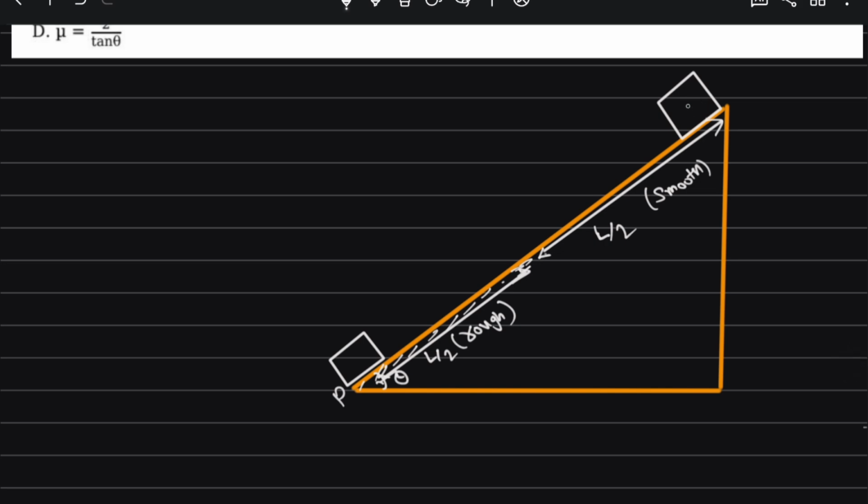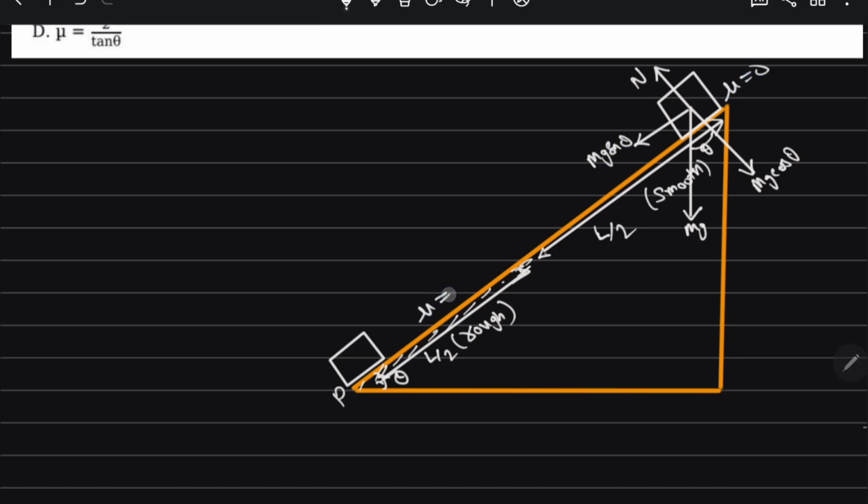Here you see that this block has a normal reaction acting, and here mg force acting downward. So this angle is also theta. So this is mg cos theta, and this is mg sin theta. Here mu is 0.